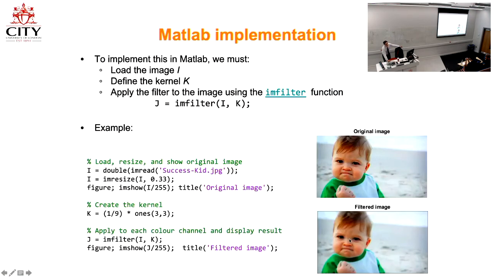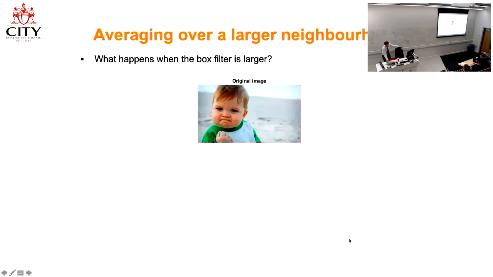So it's blurring it. If I want my image to be even more blurred, I can use a bigger box. Instead of saying ones(3,3), I say ones(9,9). And then make sure you divide it by 81, for example. Because then you are averaging 81 values. So you have to divide it by 81. Right?